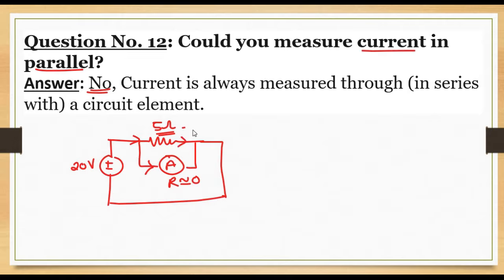Since current through it will be 0, our circuit will look like this, which means that the 5 ohm resistor is eliminated from this circuit, and this is a wrong procedure. So for measuring current, the ammeter should always be connected in series with that element.